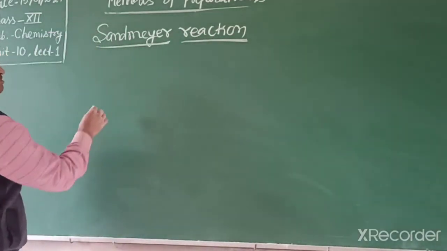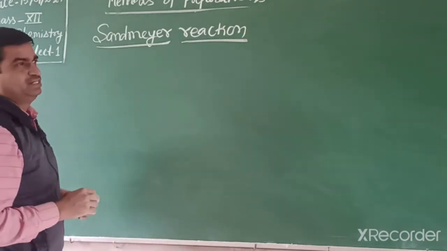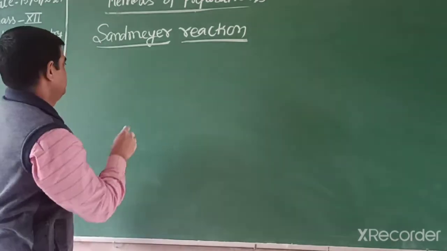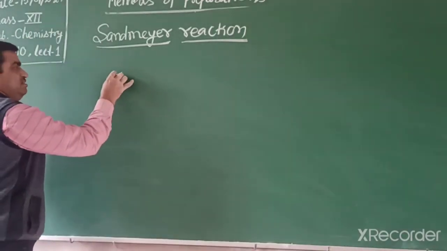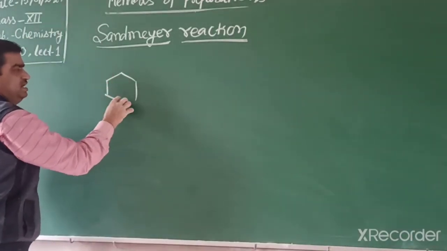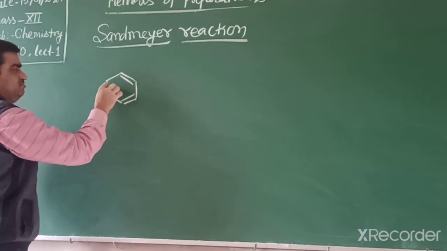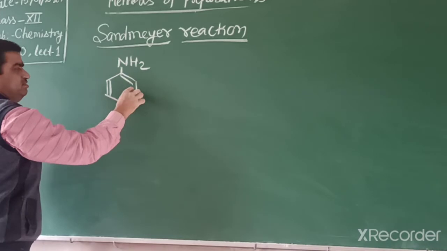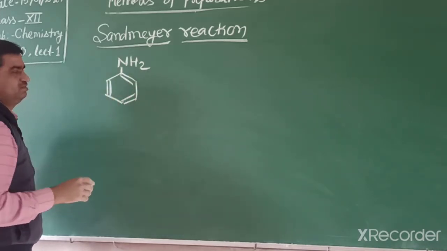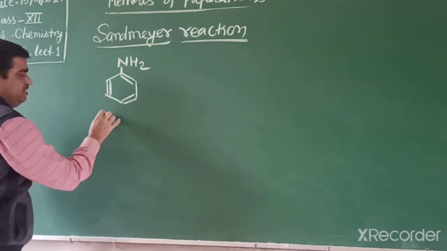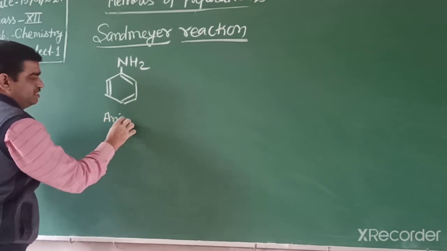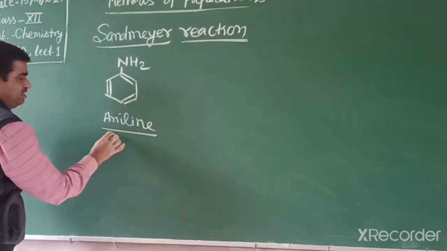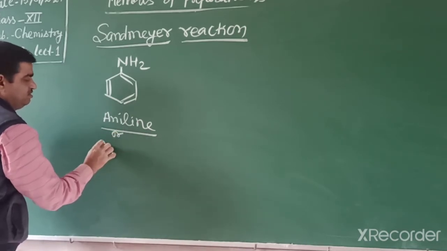Students, what is the Sandmeyer reaction? For the Sandmeyer reaction, at first we require an aromatic amine. What do you mean by aromatic amine? When an NH2 group is attached to a benzene ring, it means aniline or benzene amine. This one is aniline, a common name, but accepted IUPAC name, or you can write benzene amine.